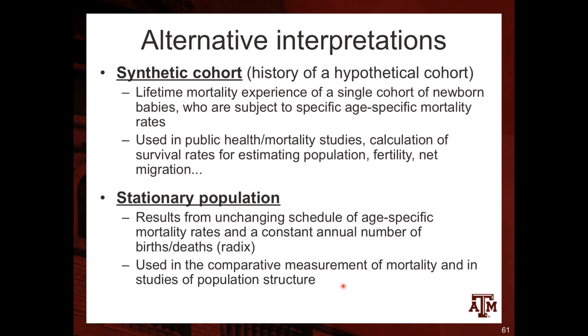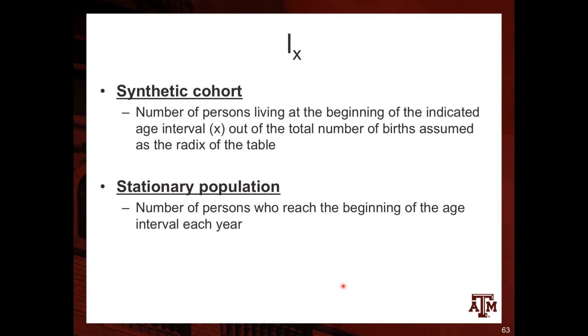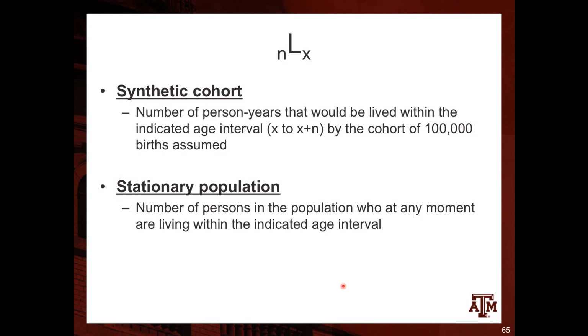In that case, we will be able to get information from our life table if we consider that the age-specific mortality rates and fertility rates are not changing over time, that we will tend into a population that can be measured with an age composition that can be shown with the big L column. So let me go further here to the big L interpretation.